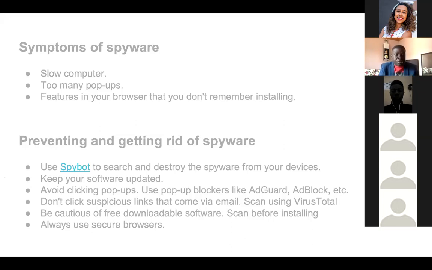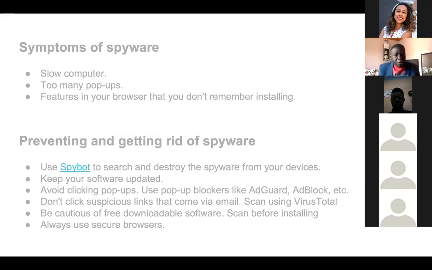So there's this program which is called Spybot. It's designed almost like an antivirus, but its work is to search and clean or destroy the spyware from your devices. It can scan your entire system. It knows what to look out for. And then if it detects it, it can clean it.